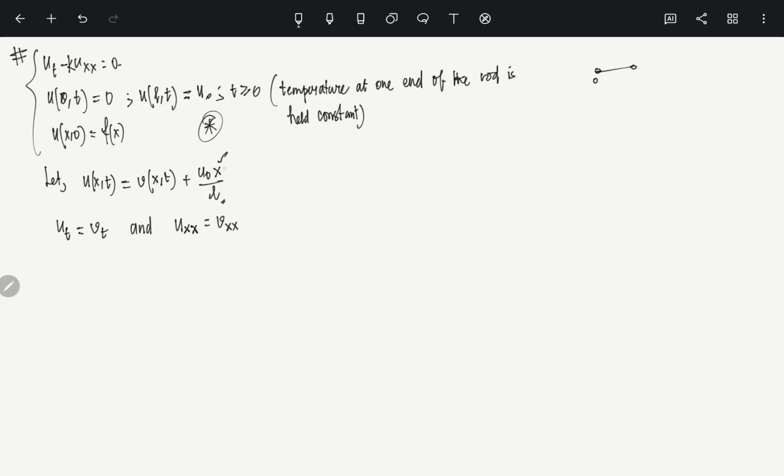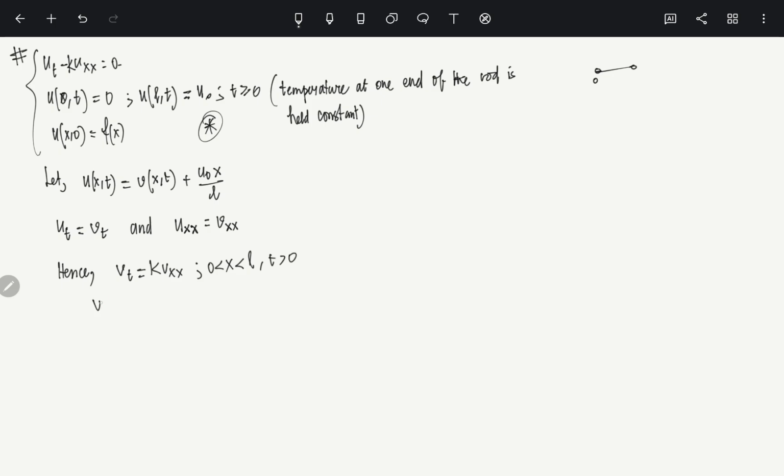This is just a first order term in x, so taking two derivatives, it doesn't contribute anything. So u_xx is v_xx. Hence the original problem in terms of v becomes v_t equals k times v_xx, for 0 less than x less than L and t positive.